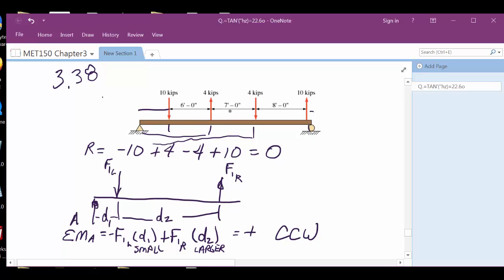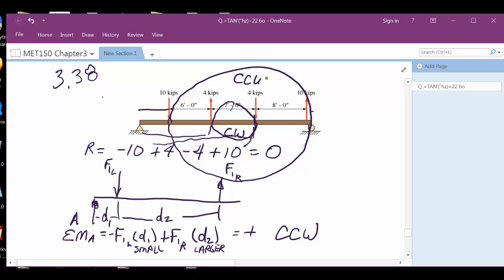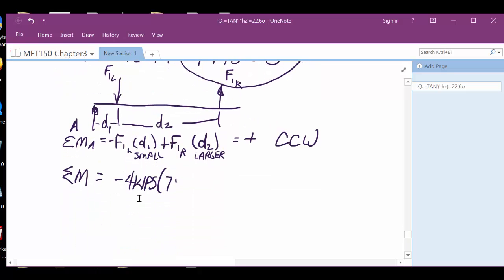If I draw a steering wheel here, this steering wheel is making that thing go clockwise. Then if I draw a steering wheel here, it's going counterclockwise. So the negative 4 here, because it's clockwise, plus 10 kips, and the distance on that one was 21 feet.